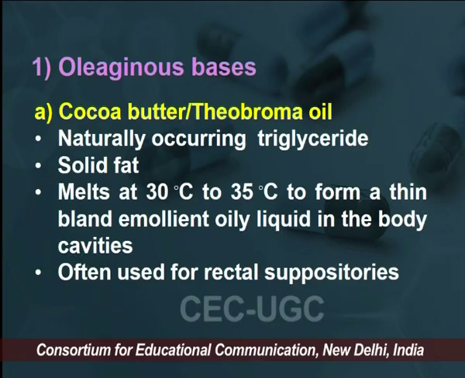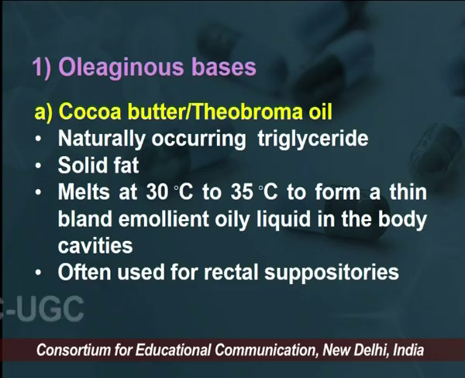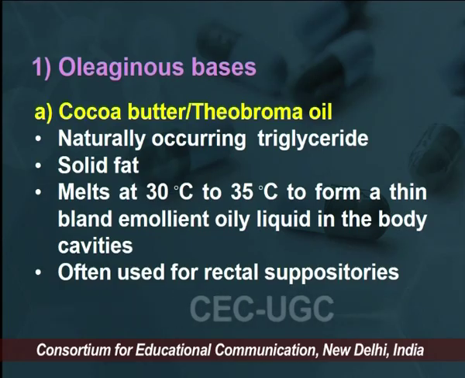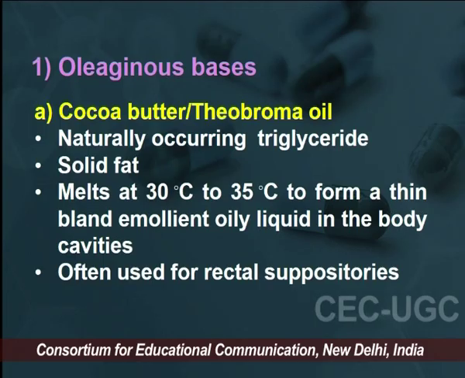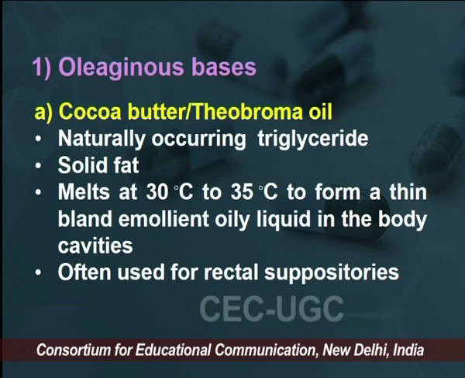So, in general or in layman's language, we are able to correlate with this base by the name theobroma oil. Now, this is a naturally occurring triglyceride. As it is well understood, a triglyceride is nothing but a glycerol having three different fatty acids attached to it. Generally, palmitic acid, stearic acid and oleic acid are used.